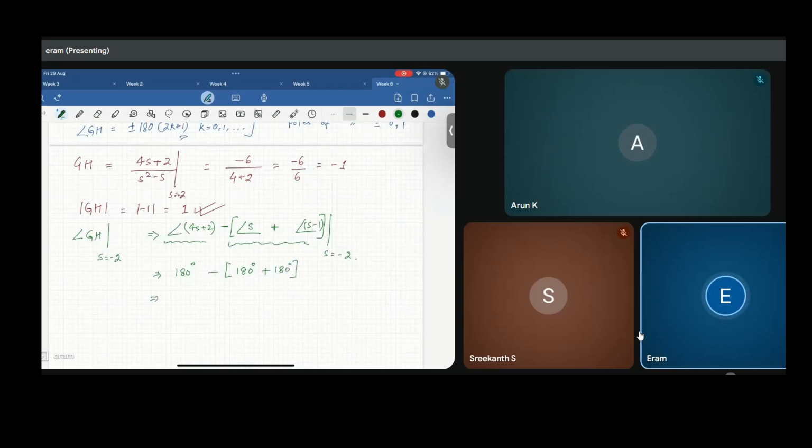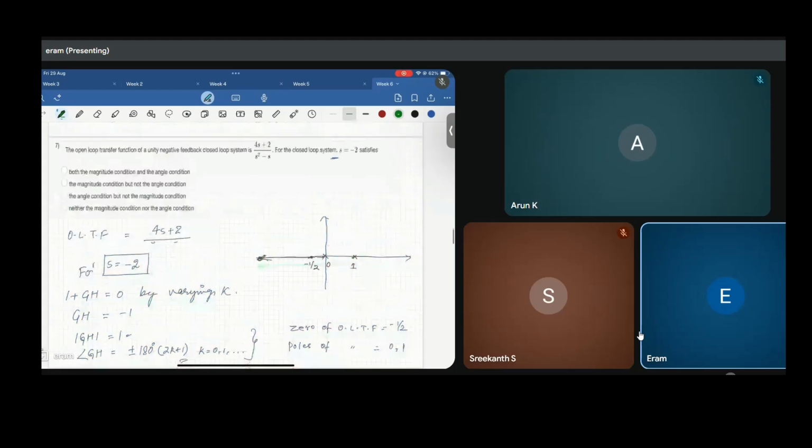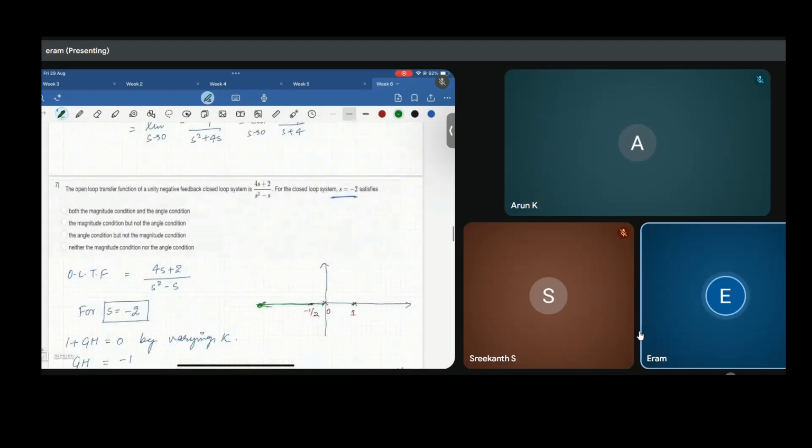So the net angle contribution is -180 degrees, which is an odd multiple of 180, satisfying the angle criteria. Therefore, it satisfies the angle criteria as well. The correct option will be both the magnitude condition and the angle condition.